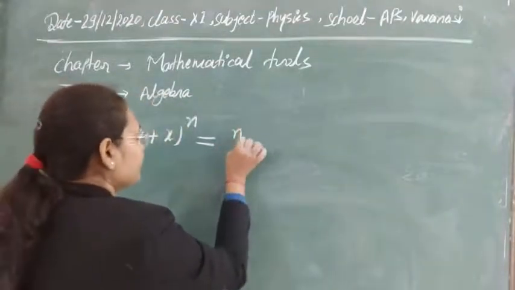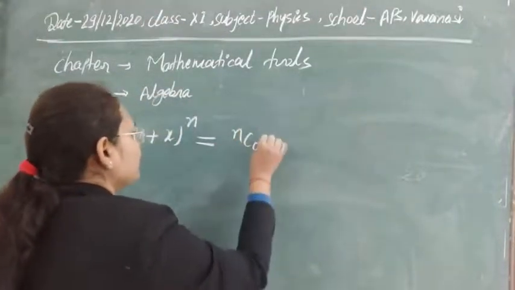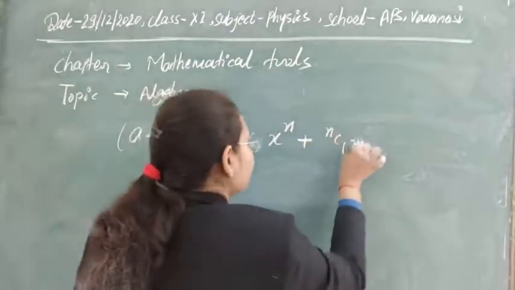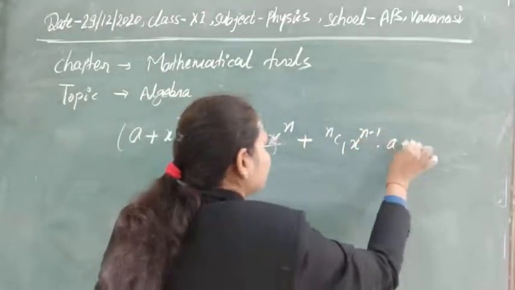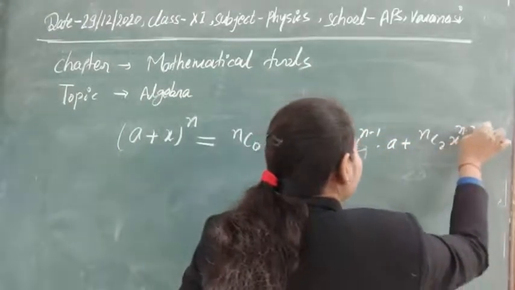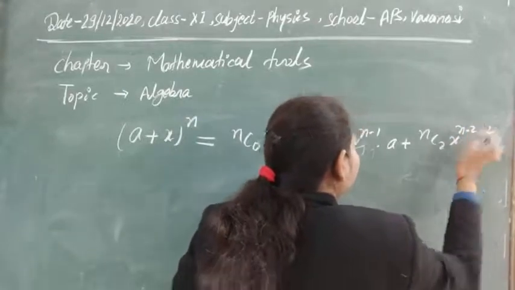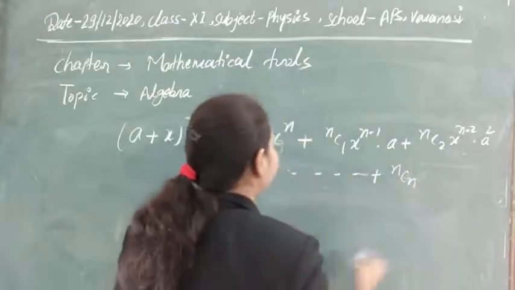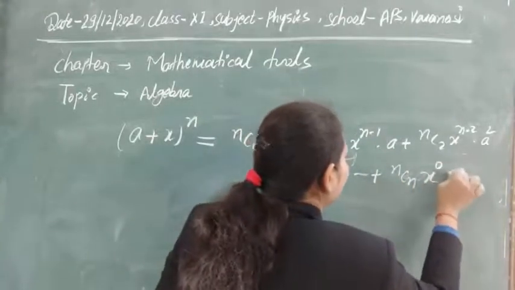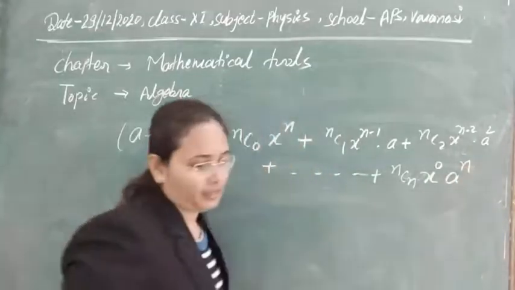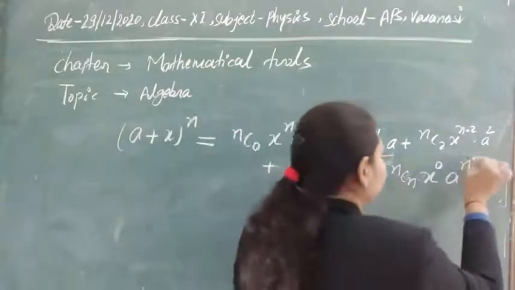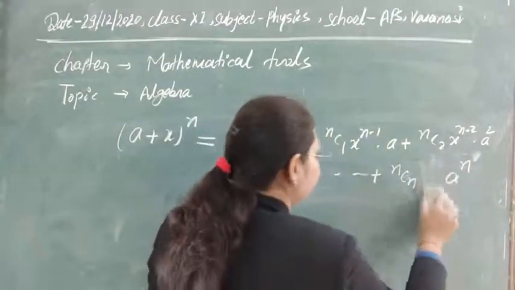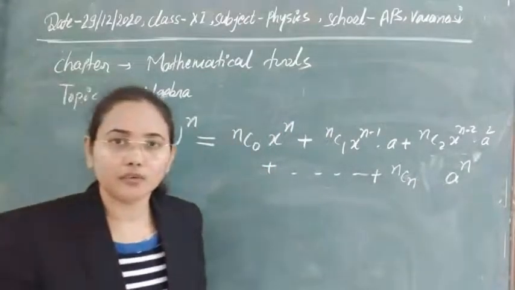The formula is nC0 into x power n, plus nC1 x power n minus 1 into a, plus nC2 x power n minus 2 into a square, and so on. At the end it will be nCn x power 0 and a power n. If you take x power 0, you can write it as 1 also. A power 0 is equal to 1, we know that.